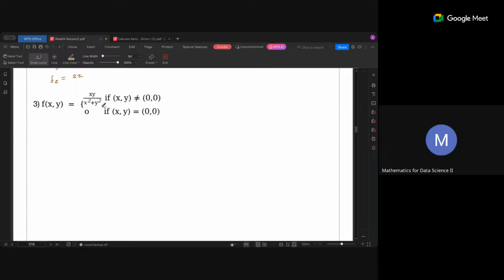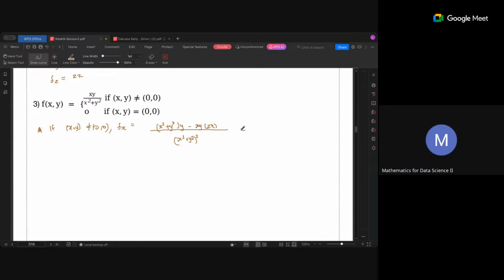Yeah. So whenever you are dealing with piecewise functions, you have to find the derivative separately for each of the pieces. Here one piece is when x comma y is not equal to 0. So first, if x comma y is not equal to 0 comma 0, then what is your fx? What is your fx in this case? x square plus y square multiplied by y, and 2x multiplied by xy.